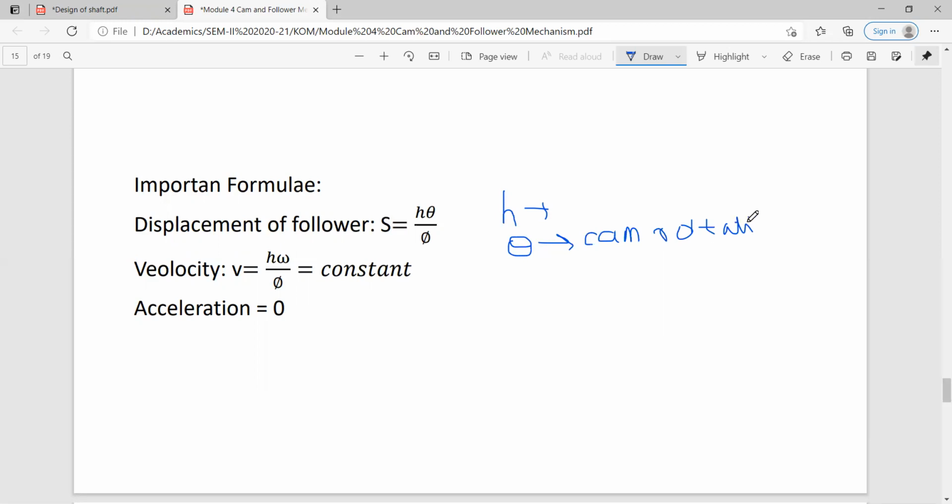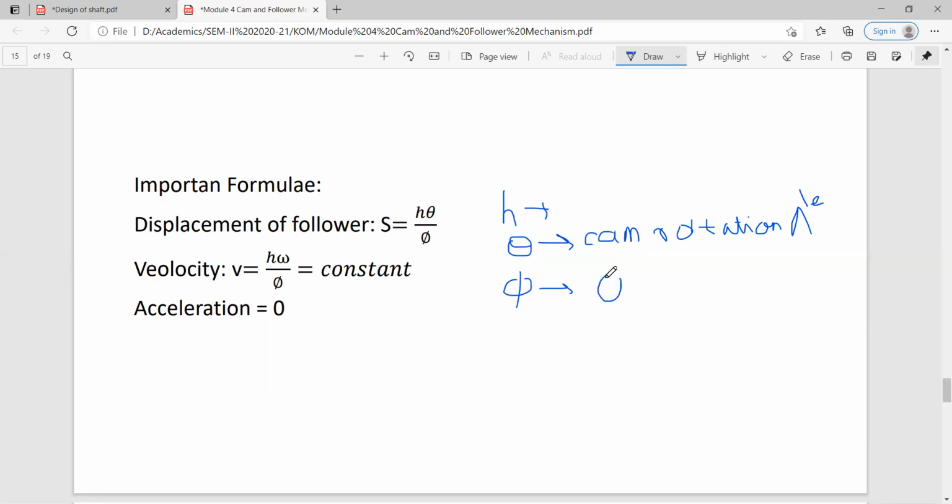What is phi? Phi is either the angle of rise or the angle of return.